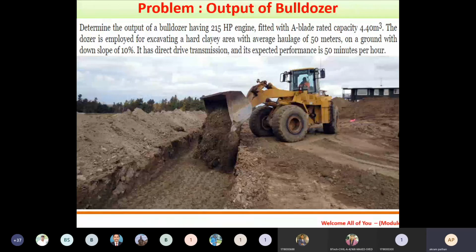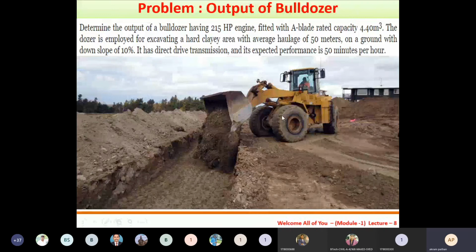You will find one folder there. In that folder there are certain materials in the form of PPT, PDF, and a book. So you have to download that book and solve this particular problem from there.